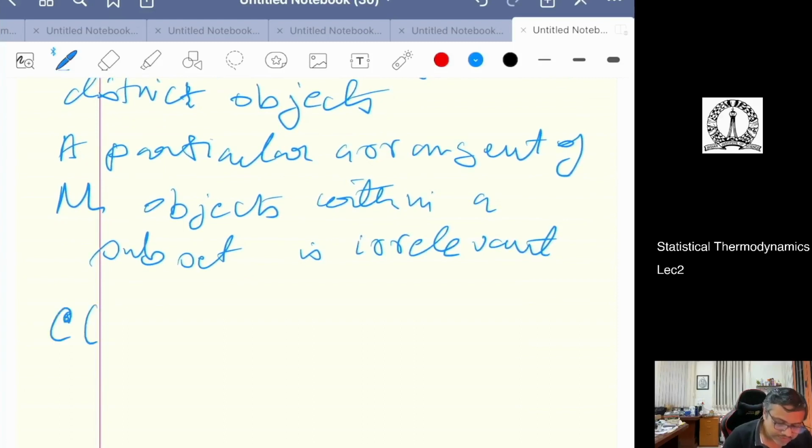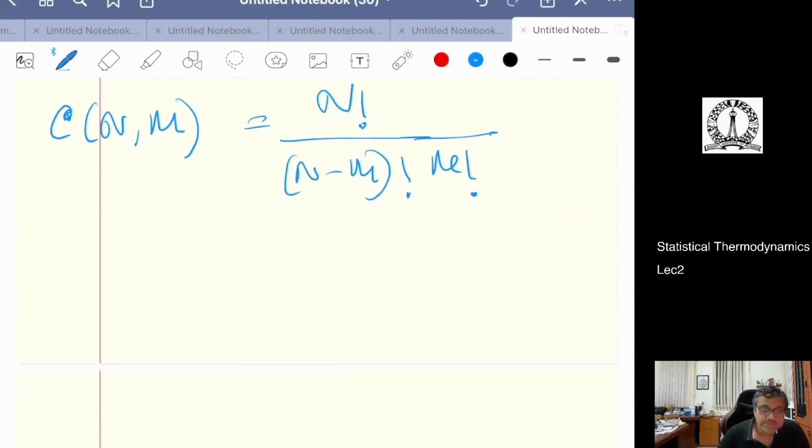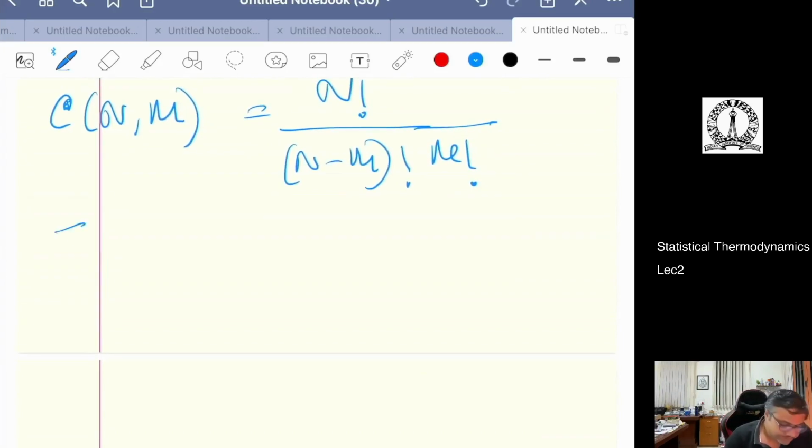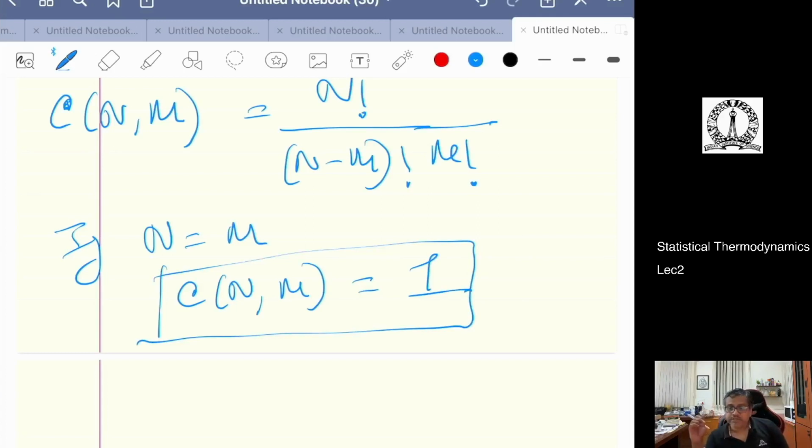Okay. So basically, if you write it as C(n, m), this is n factorial divided by n minus m factorial divided by m factorial. The arrangements you are not taking into consideration here. And if n is equal to m, then C(n, m) becomes equal to 1, which is exactly what we saw in the last one, that when we have 4 objects which are basically indistinguishable, and you are taking all 4 of them out one at a time, there's only one way that you can do it.